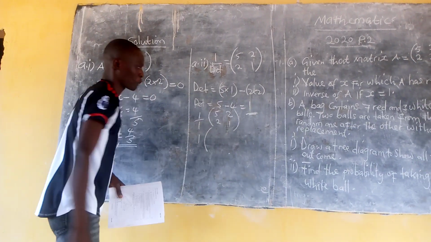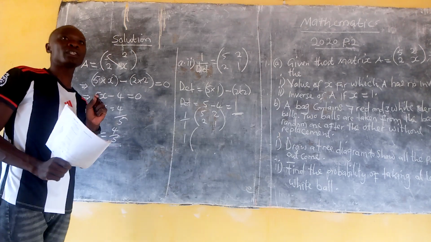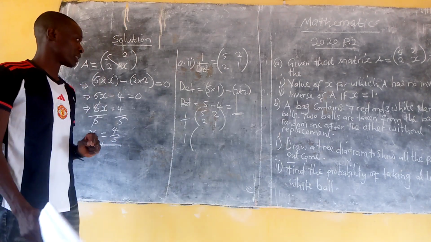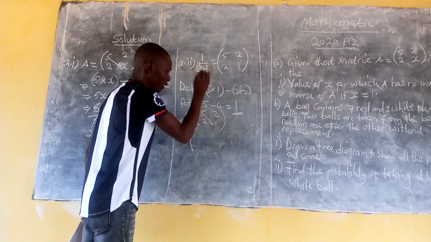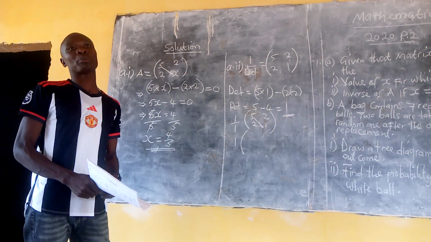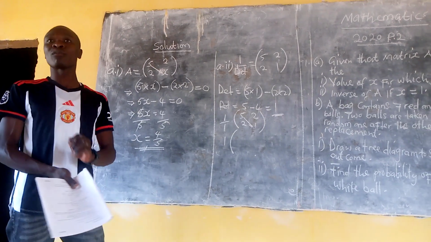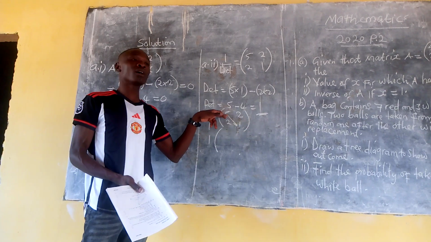And then there is a rule that we apply when we are finding the inverse of any given matrix. The 5 and the 1 are going to swap. Where there is 5, it will swap with 1, and where there is 1, there will be 5.